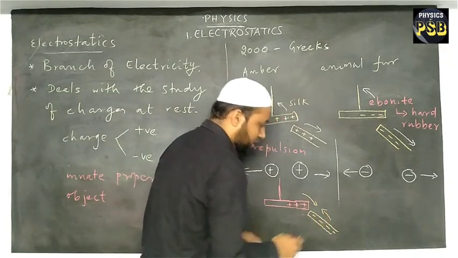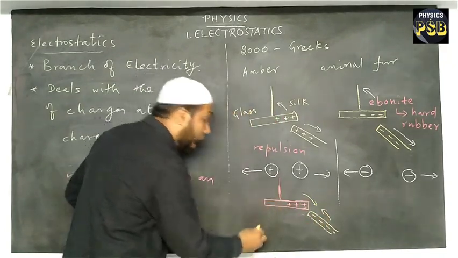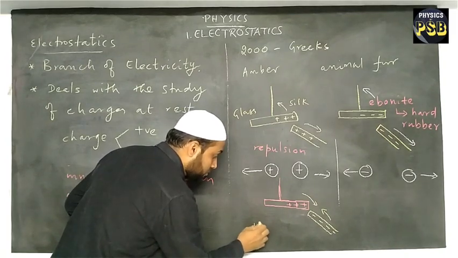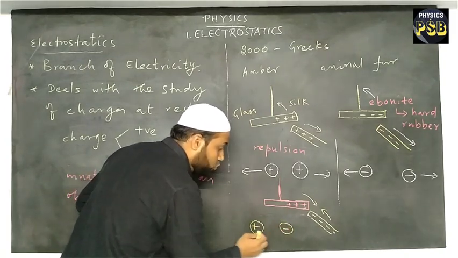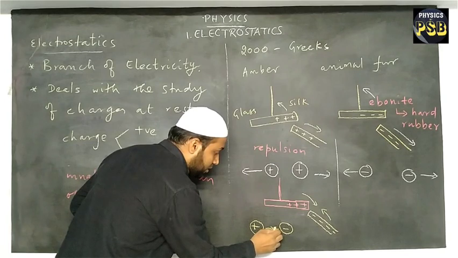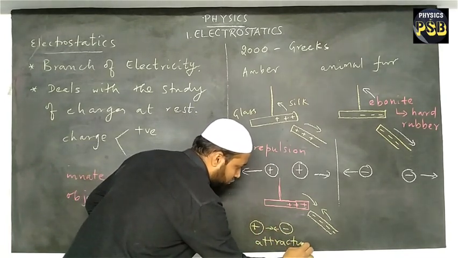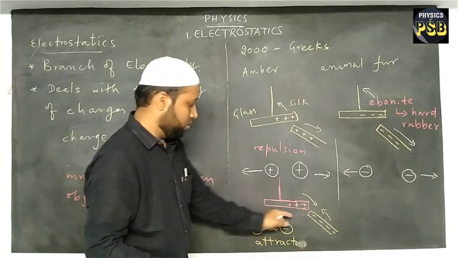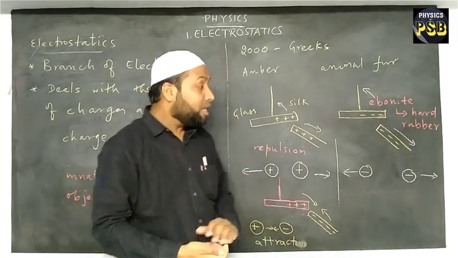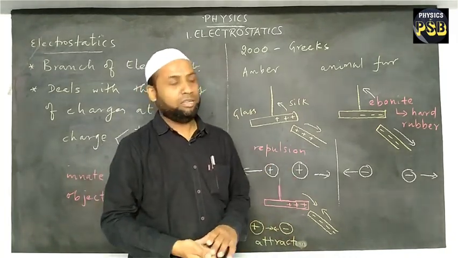So they come close to each other. So opposite charges are found to be attracting each other. They attract. So there is attraction between opposite charges. This is another property of charge.